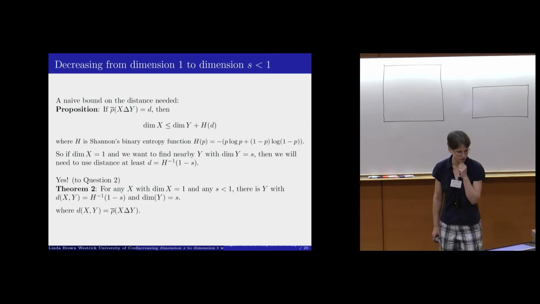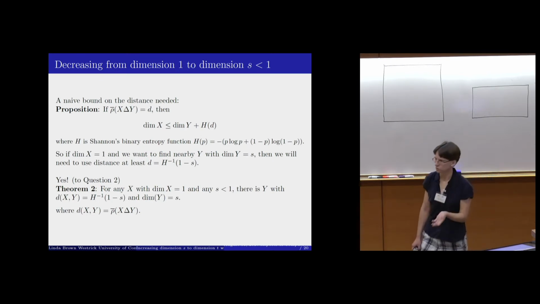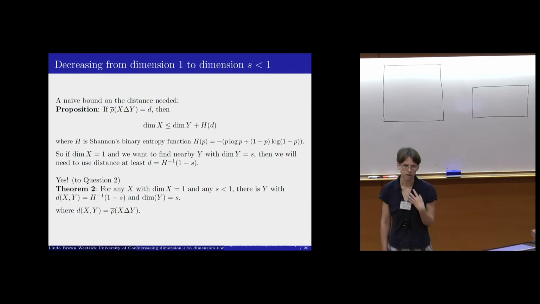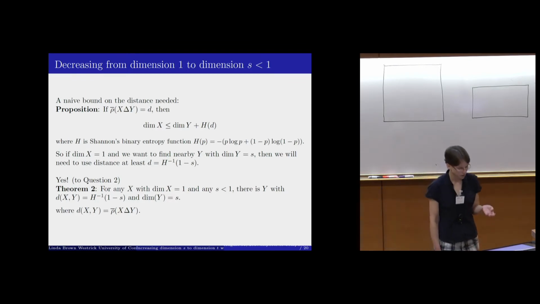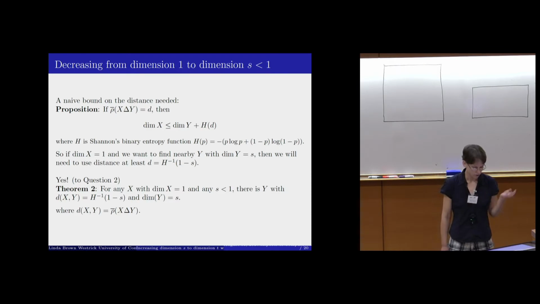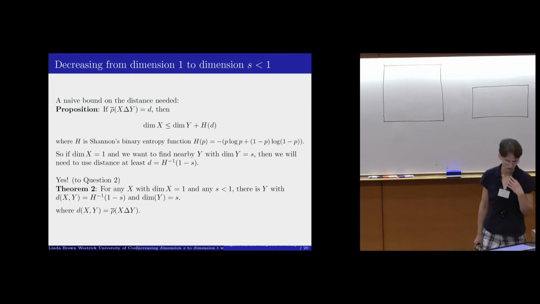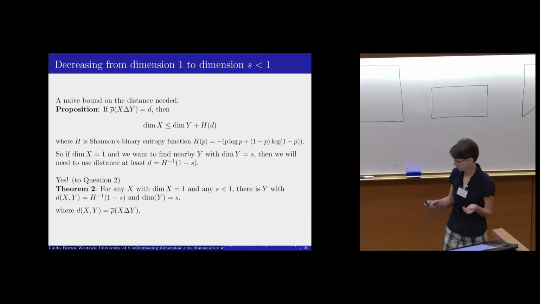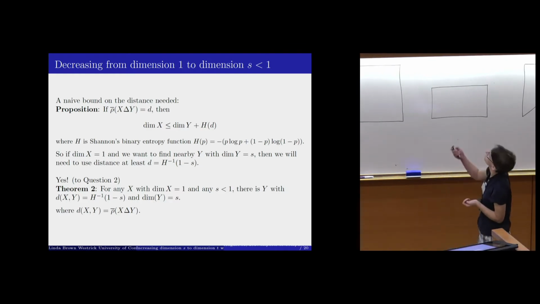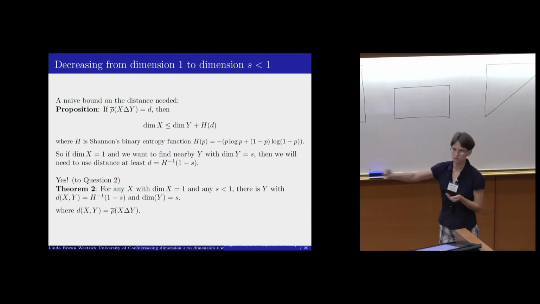There's a naive bound on the distance that you could need, and this naive bound just comes from a coding argument. Let's say that you've got two reals, x and y, where they differ from each other on density d. Here I'm using upper density in case the limit of the symmetric difference between x and y does not exist.